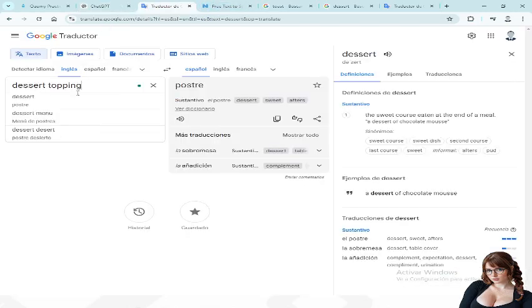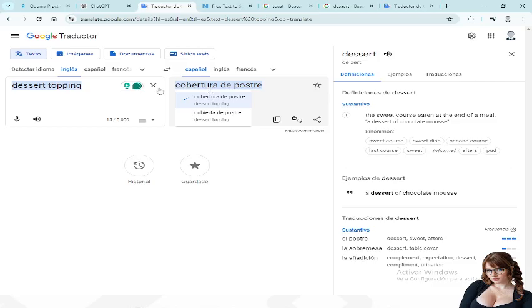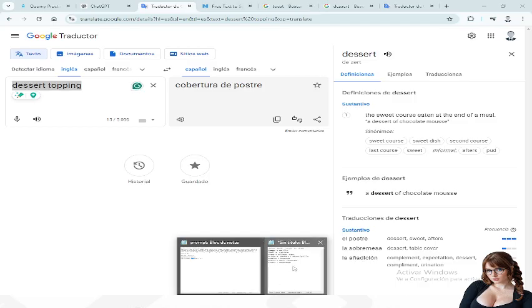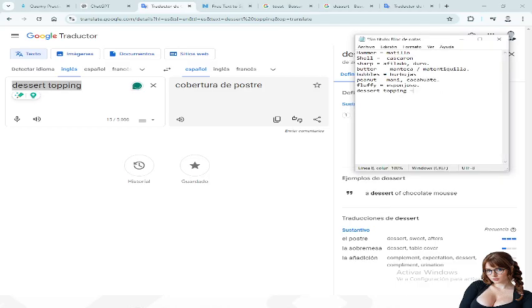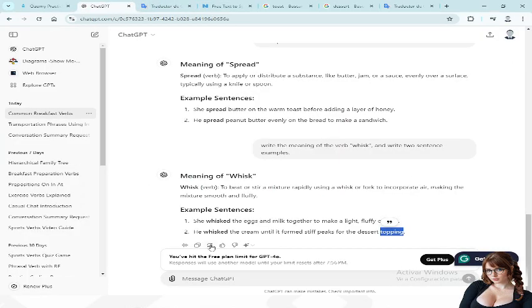And dessert topping. Okay. This is the meaning of dessert.